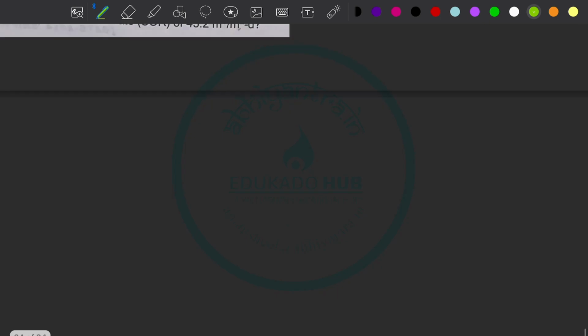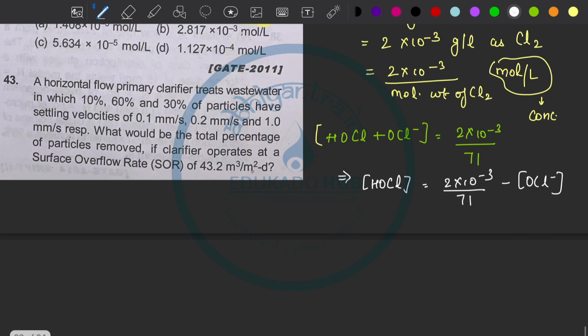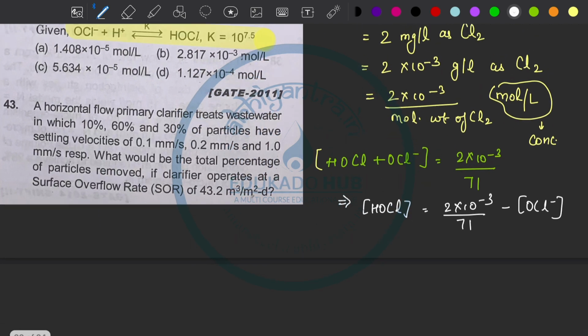So if I go further, I can say that HOCl concentration is nothing but 2 into 10 to the power minus 3 divided by 71 minus concentration of OCl minus, right?